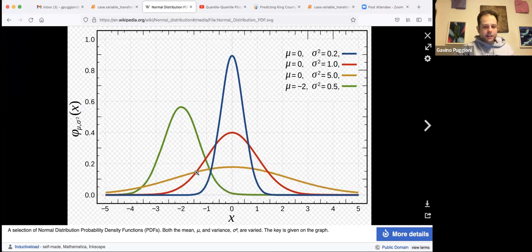The standard normal is the normal distribution with mean 0 and standard deviation or variance equal to 1. The quantiles are the values on the x-axis, right? If I ask you what is the 50th percentile or the 0.5 quantile, it would be 0, right? Because the percentile, remember, is the observation that leaves to the left that x%.